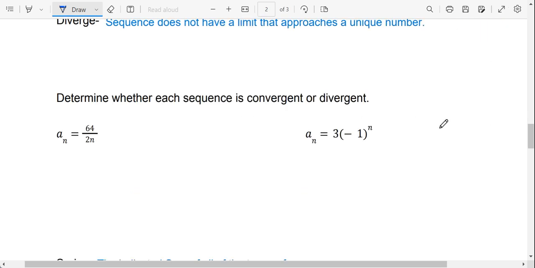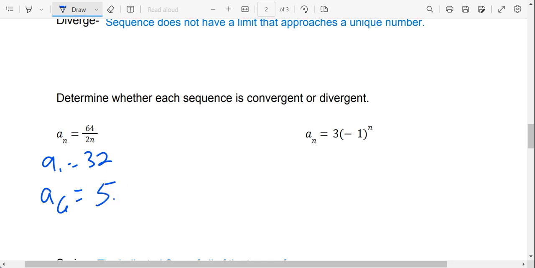All right, so let's try these two right here. As n increases right here, this one, let's say n is 1. N is 1 is going to be 32, right, for a sub 1. If I did, let's say, a sub 6, we are getting that would be 64 divided by 12. I wish I picked a nicer number.